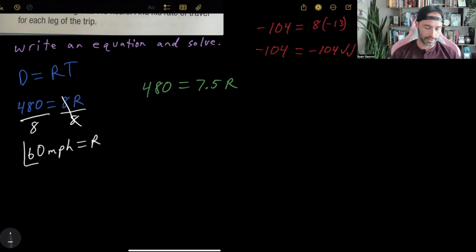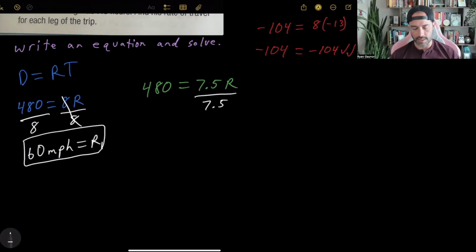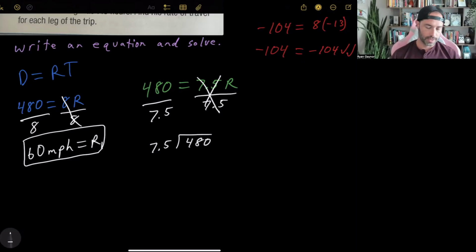So that's our first answer, right? We call it rate number 1. All right, and then this one, we're dividing by 7.5 on both sides. That's going to be a little more difficult, so why don't we bust out the good old-fashioned long division. So we have 7.5 going into 480.